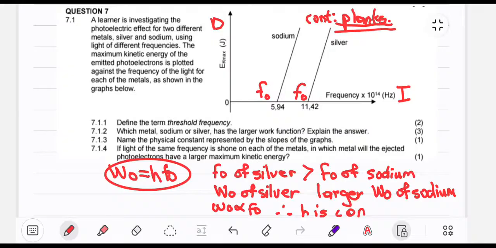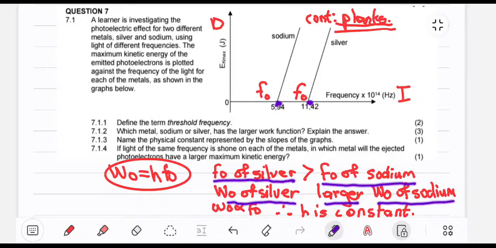So I'll underline the things which are important for this. You start here saying the threshold frequency of silver is greater than the threshold frequency of sodium. After that, it means the work function of silver is larger than the work function of sodium.